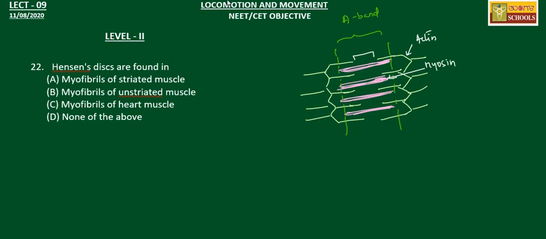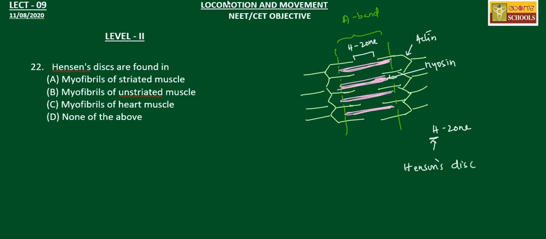Here, this is actin and this one is myosin. The portion of myosin that is not covered by actin is what I call the H zone. This H zone is also called Hansen's disc, in which the H stands for Hansen's disc.